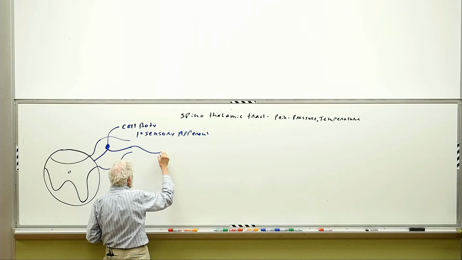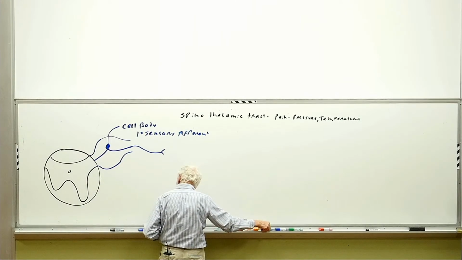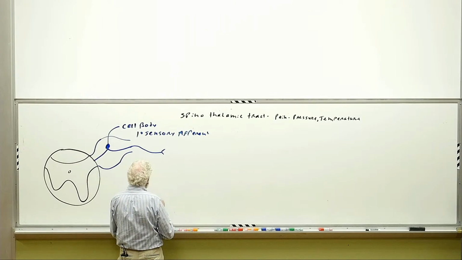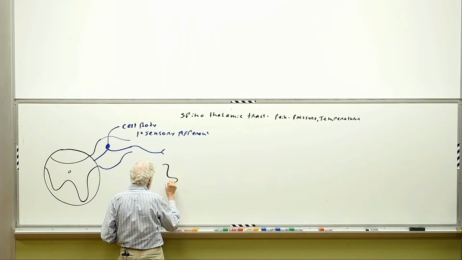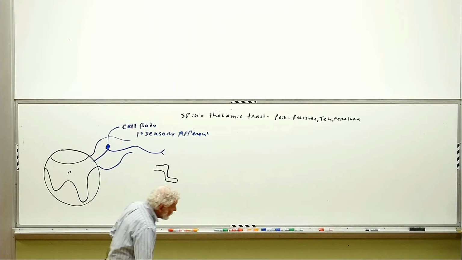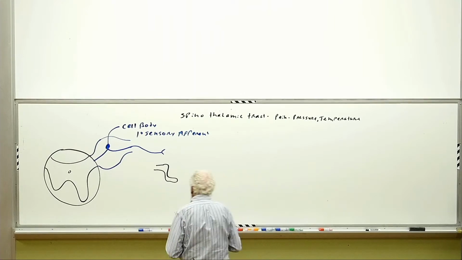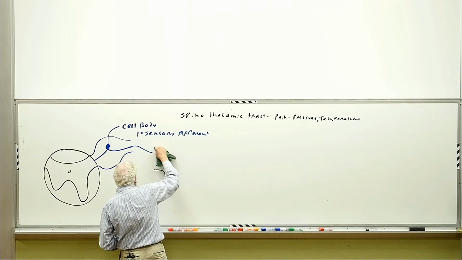We can imagine this neuron originating, having its input region out in, say, your big toe.